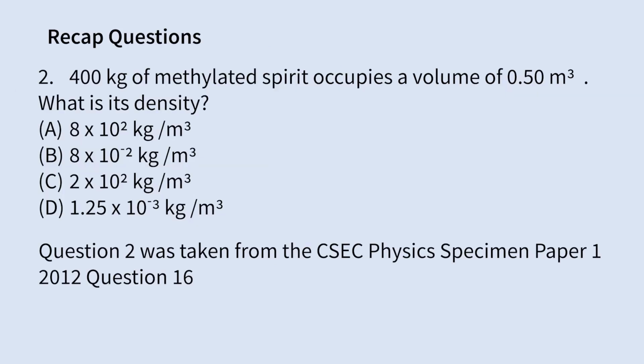Correct. Question 2 taken from the CSEC Specimen Paper 1, 2012, question 16 says 400 kilograms of methylated spirit occupies a volume of 0.50 meters cubed. What is its density? How would you solve this problem, Kelsey? The question gives us the mass of the methylated spirit, 400 kilograms, and its volume, 0.50 meters cubed.